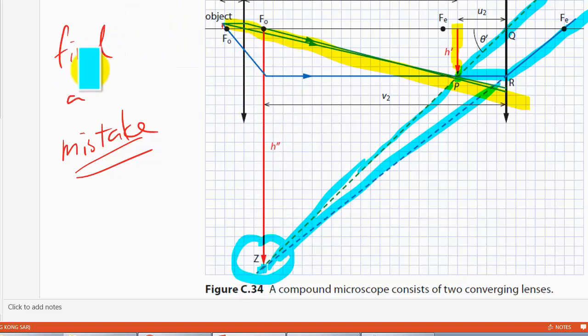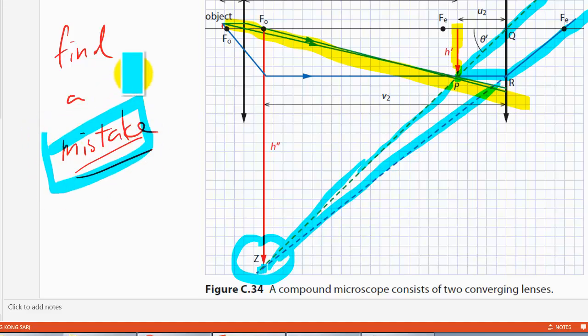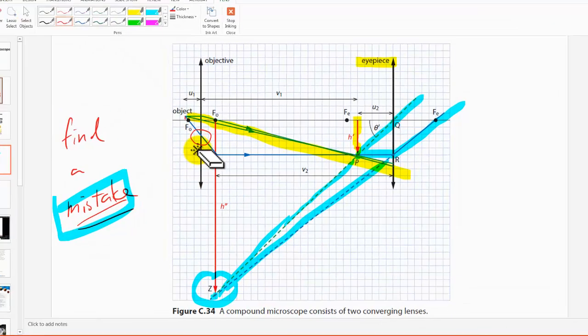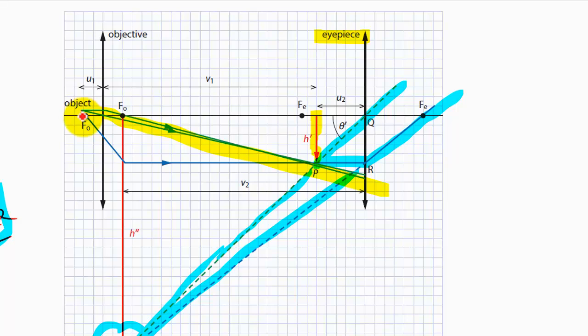So the answer for the mistake is actually here. This line is wrong because obviously you can see that it did not change at the lens. I think it's a tiny mistake, and you could find it out if you want.